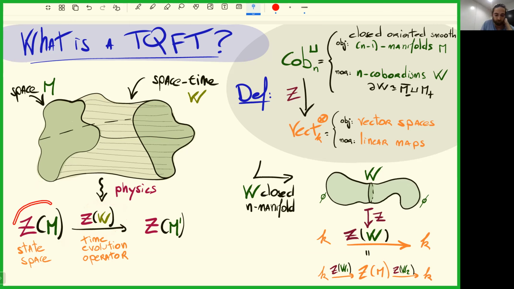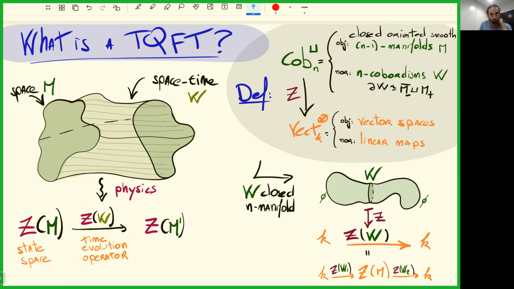So if you give me a state in M and I want to ask, okay, what happens after time W, then you need to give me a state in M prime. Okay, here's how it evolved.